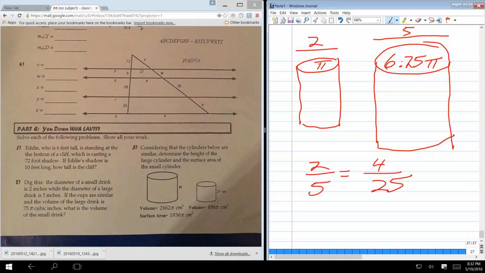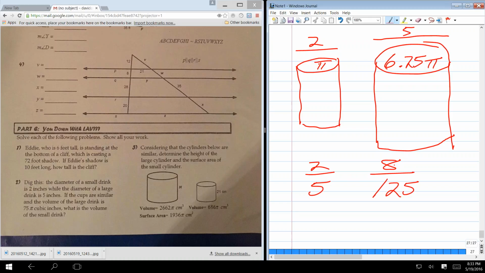Now, when you go to volume, you cube the linear relationship. So if I want the two volume relationships, it's going to be 8 over 125. In other words, it's 2 cubed over 5 cubed.